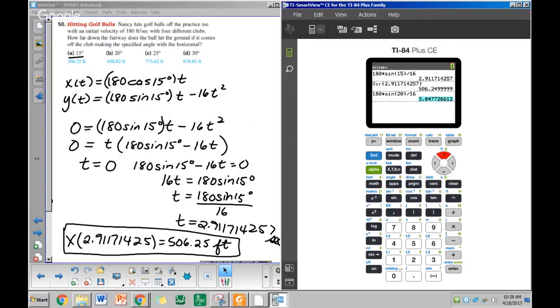And now I can go alpha F4, and I want the X of the answer here. It goes a lot farther, right? Just for a 5-degree angle change.